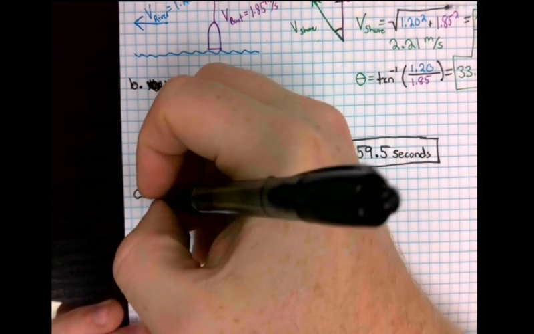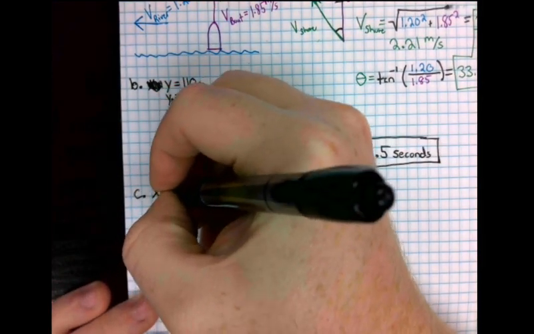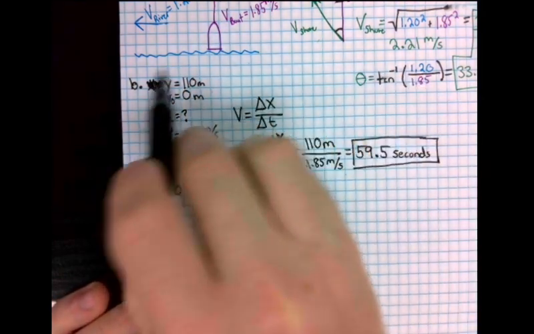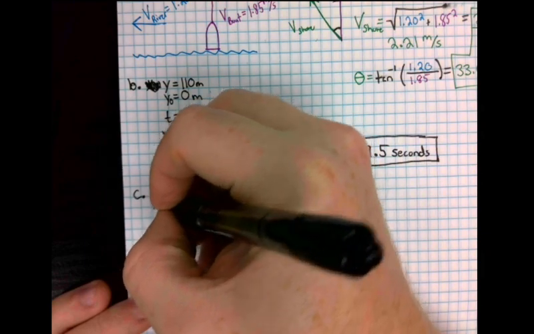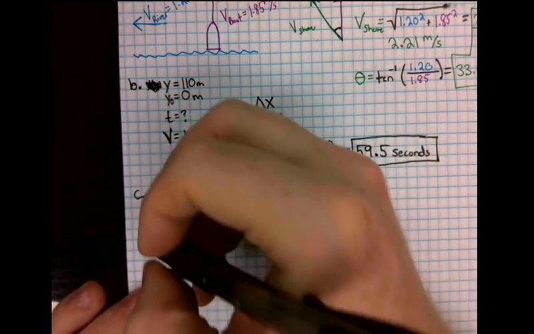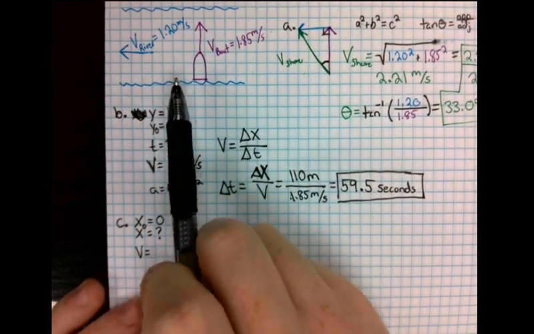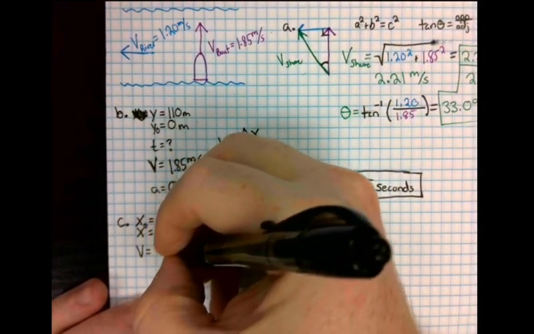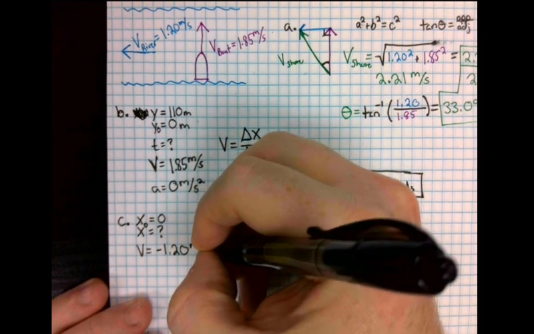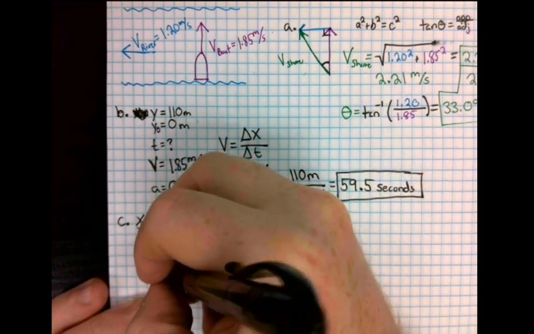So now we can say if our initial distance for x this time, because we're going horizontally, is 0, our final x is what we're looking for. Our velocity, in this case, because it's going to the left, we're going to call it negative 1.20 meters per second. Acceleration is equal to 0.